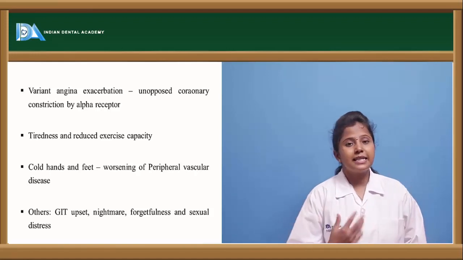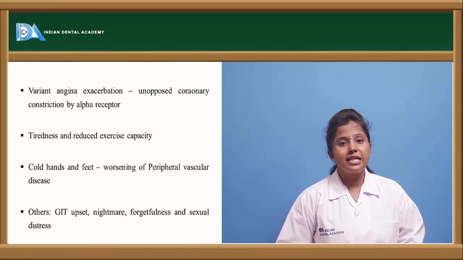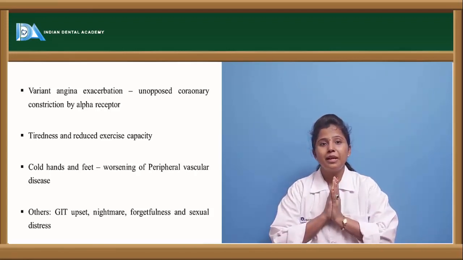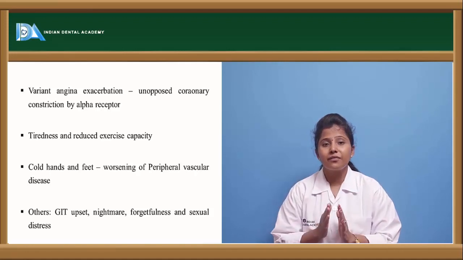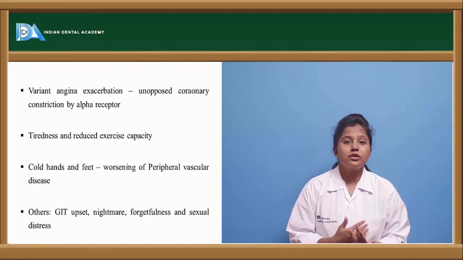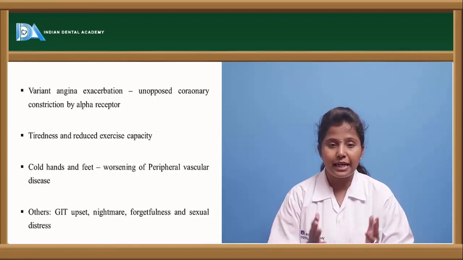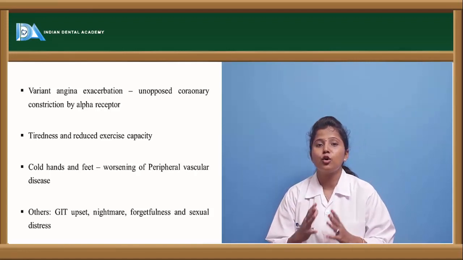And if the dose even exceeds, the blood pressure will be reduced. Because of the excessive reduction in blood pressure, the hands and feet of the person will become cold.